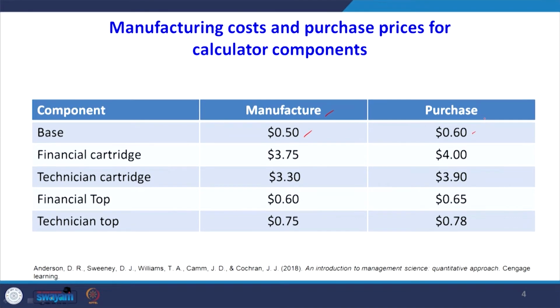You see that the purchasing cost is always higher than the in-house manufacturing cost. So, this is the make or buy decision for these 5 components. We are going to suggest, out of these 5, what quantity of each component we will make ourselves or buy from outside.